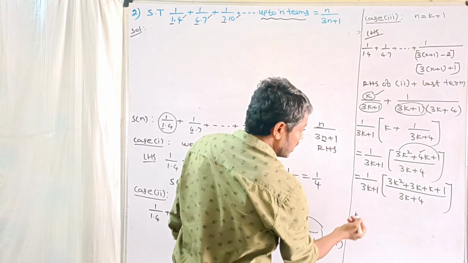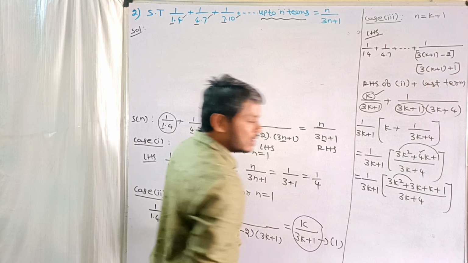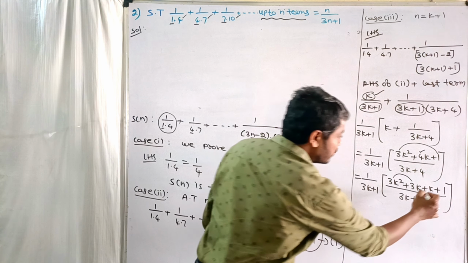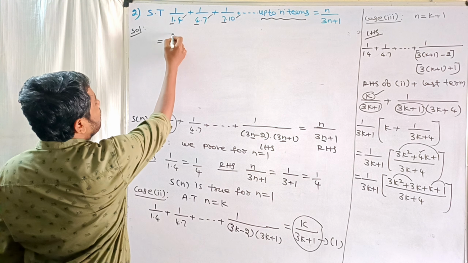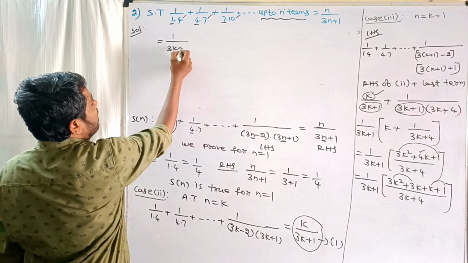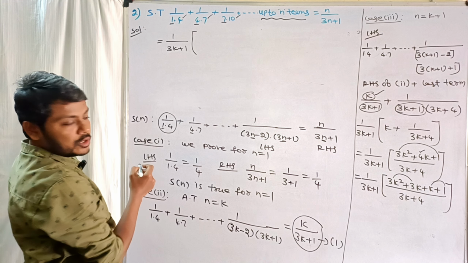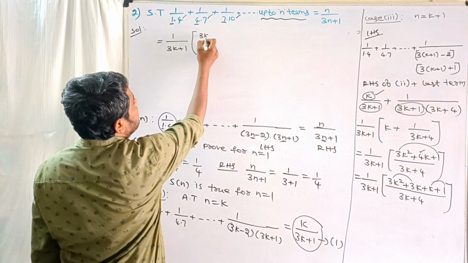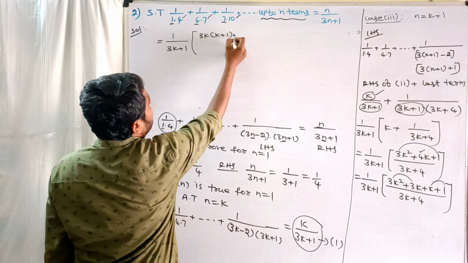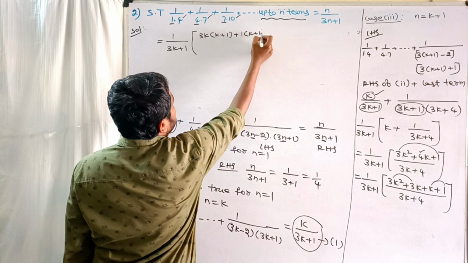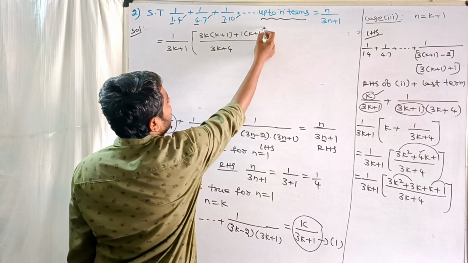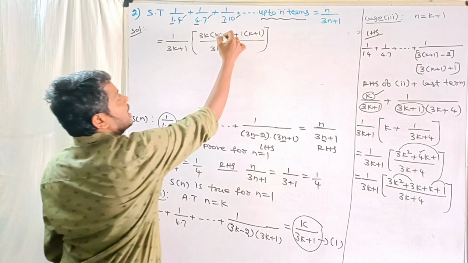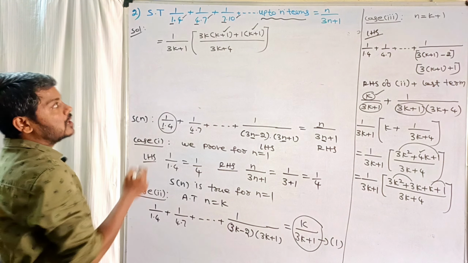From the first two terms, 3k is common. From the next two terms, 1 is common. You will get 1 by 3k plus 1 into (k plus 1)(3k plus 1), divided by 3k plus 4.